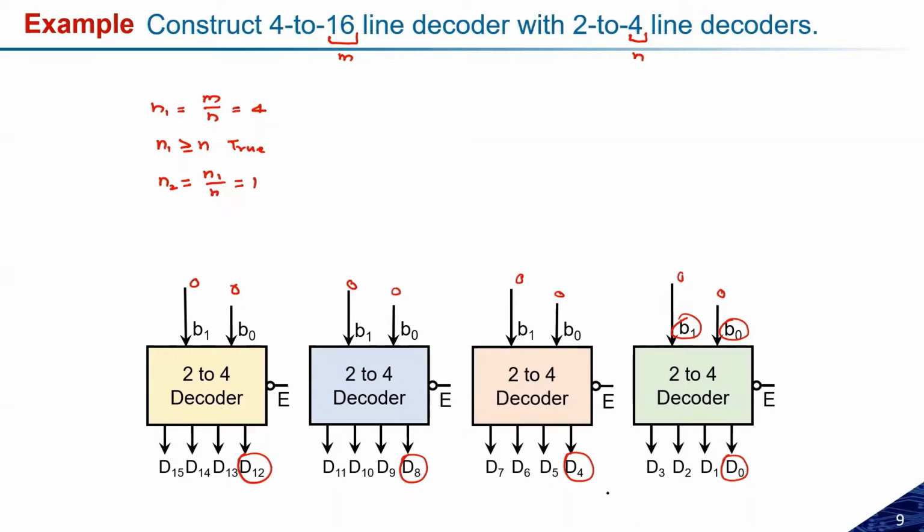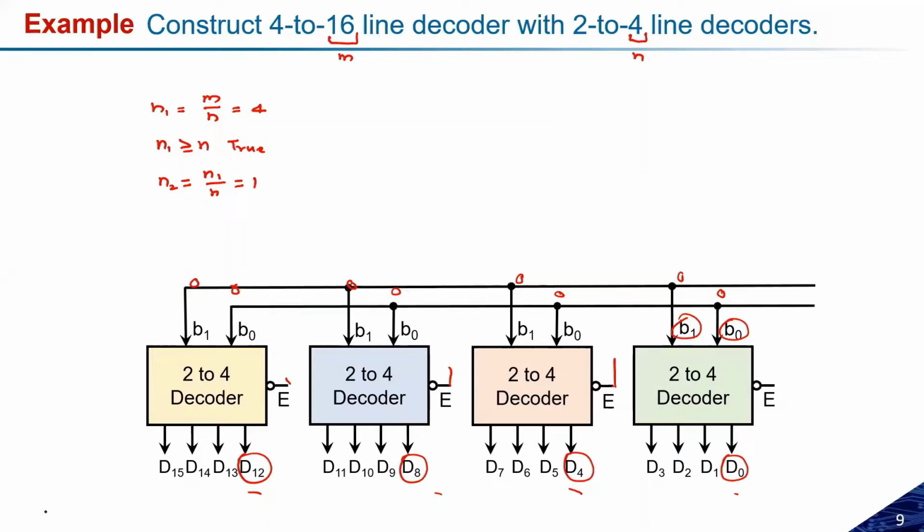Our requirement is that instead of 4 outputs, only 1 output should be high. Now this enable plays a major role here. If somehow we can control this enable, and accordingly get the output, that will solve your purpose. So B1 and B0 are common, and we have connected them to all the decoders.